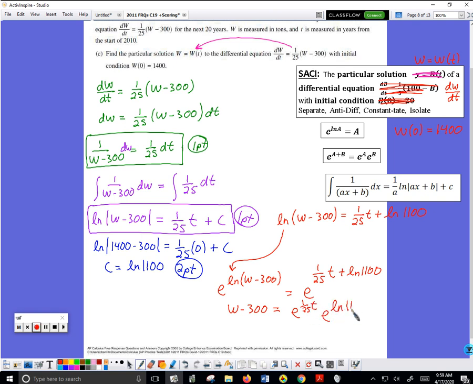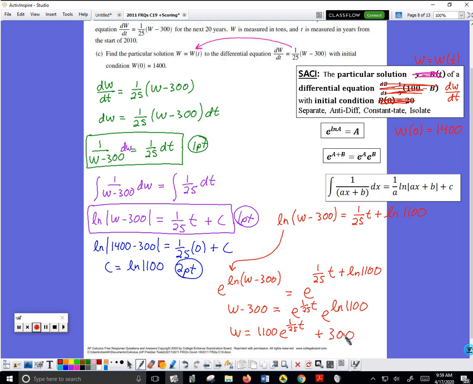But e to the natural log of 1100 uses this formula again, so this is just 1100. So you're going to get W equals 1100 e to the 1 over 25t. Then we would have added the 300 to the other side.